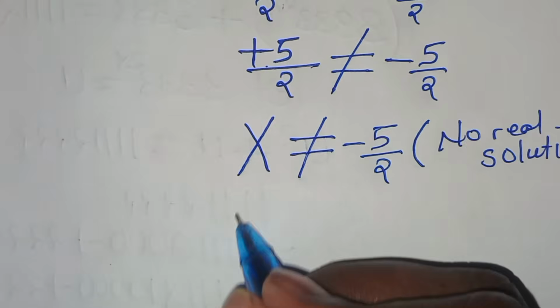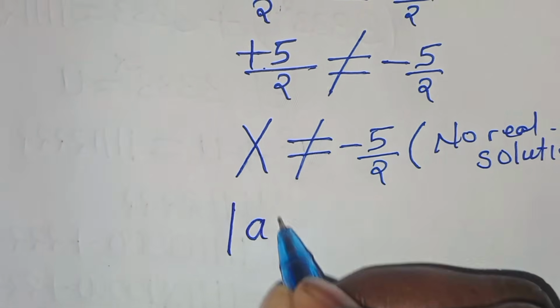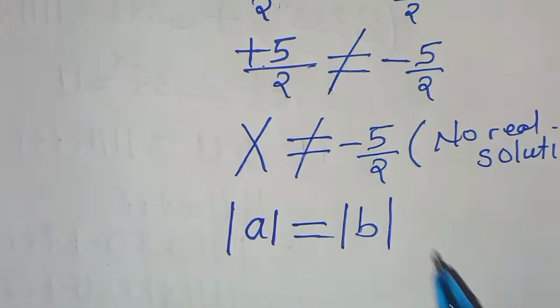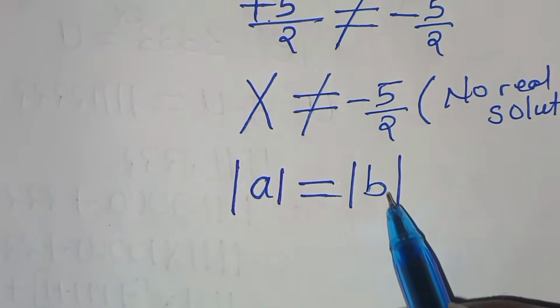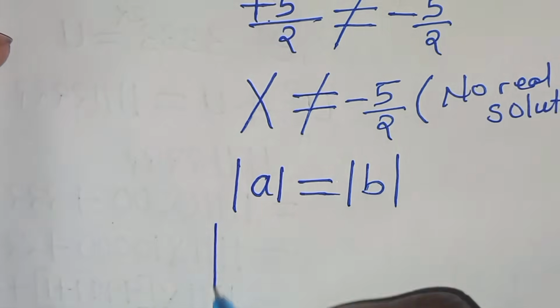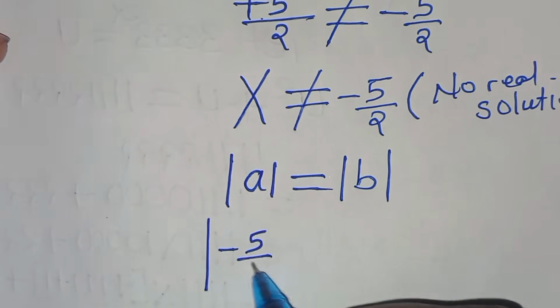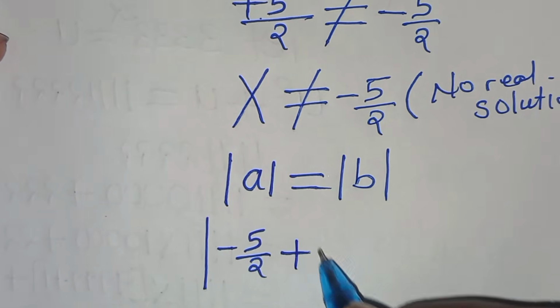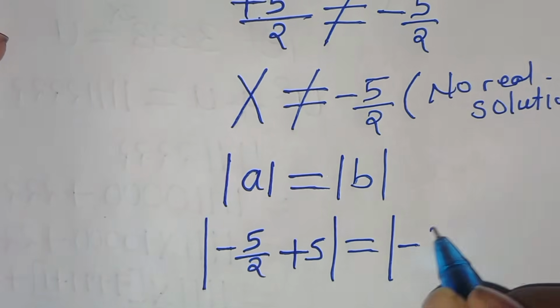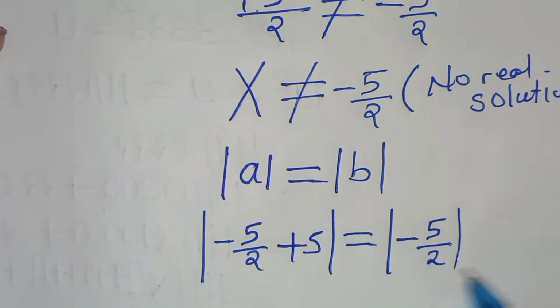But now if we have the magnitude of A equal to the magnitude of B, or the absolute value of A equal to the absolute value of B, this is to mean that negative 5 over 2 plus 5 is equal to the absolute value of negative 5 over 2.